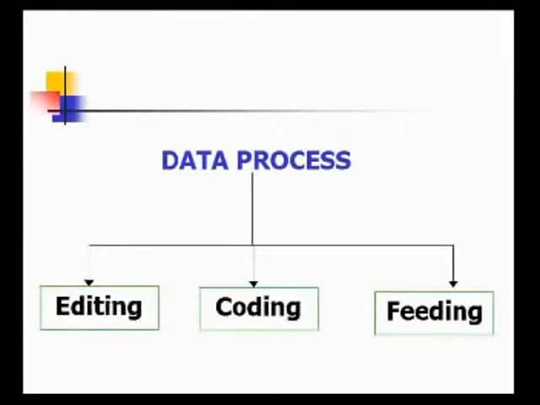The first is editing, the second is coding, the third is feeding. That means first you are going to edit whatever sources and material you have collected. When you are collecting the material, you are not going to collect only 100% relevant material.